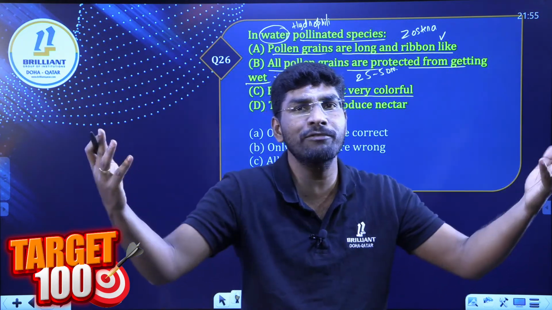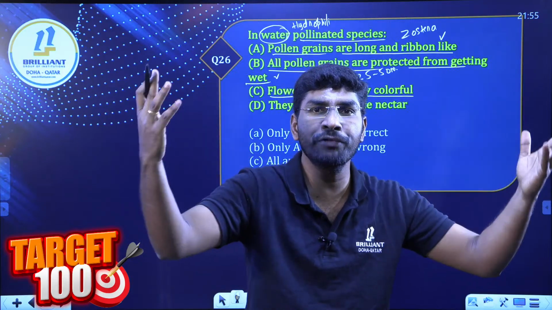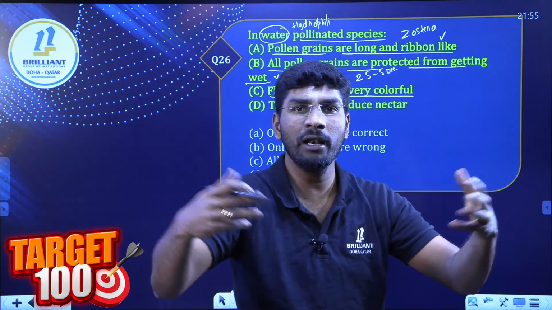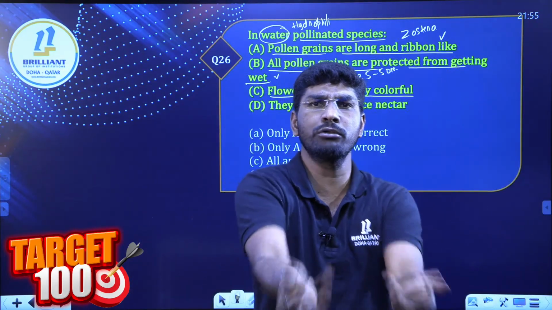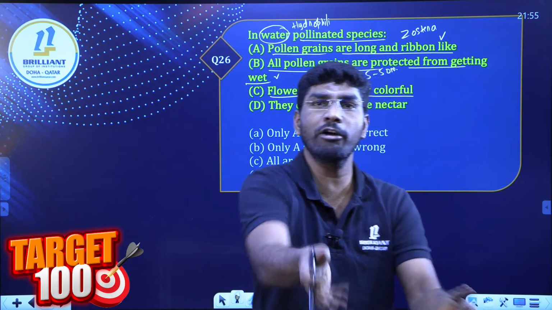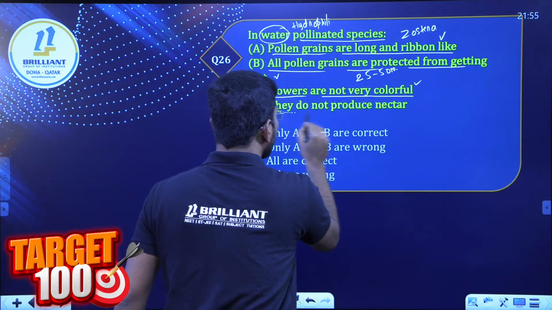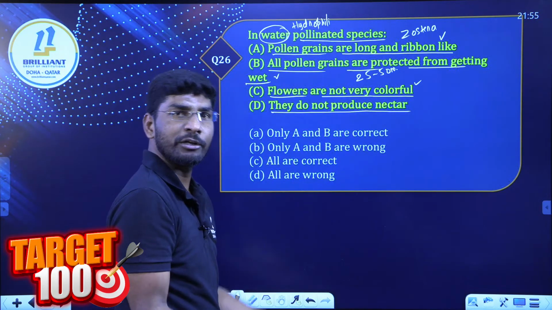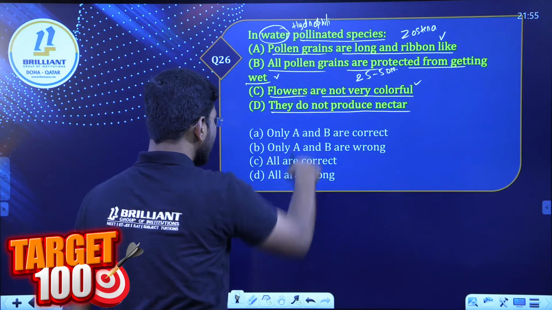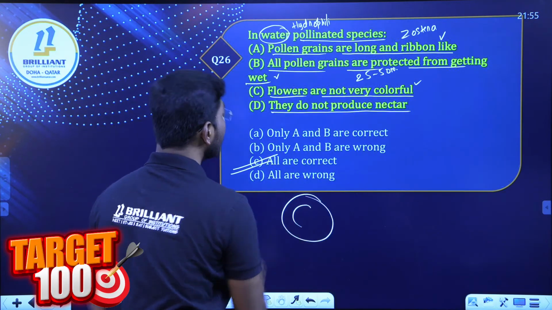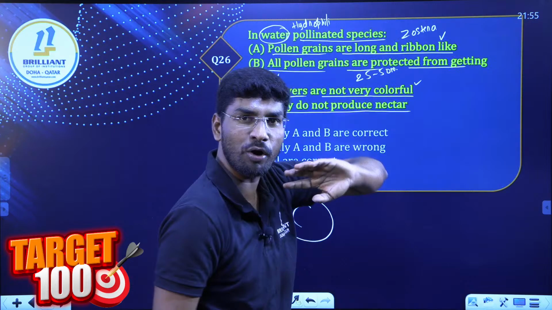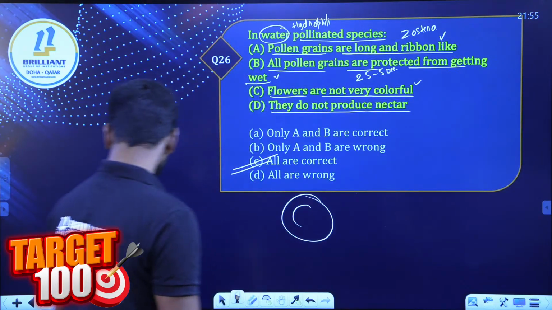So there is no need to be colorful or fragrant, because there is no insect. There is a water insect, but it cannot go there. Now it is correct. Next one is they do not produce nectar, right? So the right answer is that all are correct. Water pollinated species are all right answers.